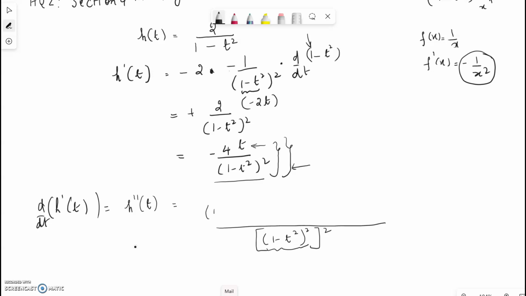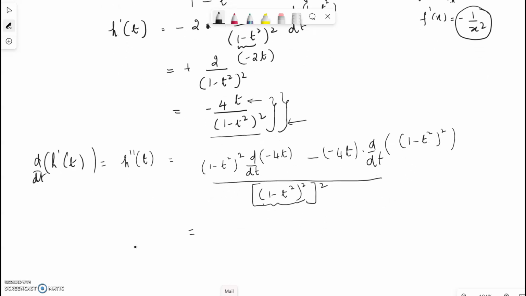And then we go denominator times the derivative d by dt of the numerator minus the numerator, which is negative 4t, times d by dt of the denominator, 1 minus t squared the whole squared.